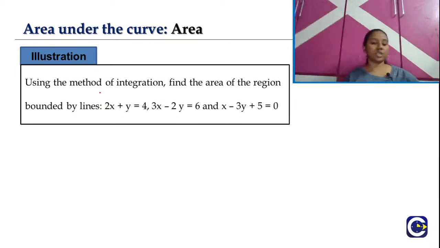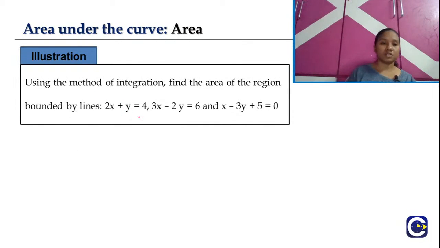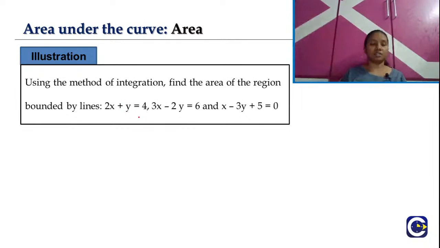The first thing we have to do here is plot the graph of these three given lines. Only then can we see what our required area is, so that we can get our limits.